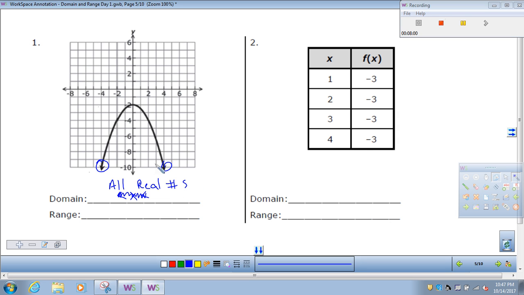Okay. Now, once again, it's easy to think that range is going to be all real numbers, but while I do have arrows down low, I do not have an arrow up high. And so I need to do the side that's up high, which would be the right-hand side.